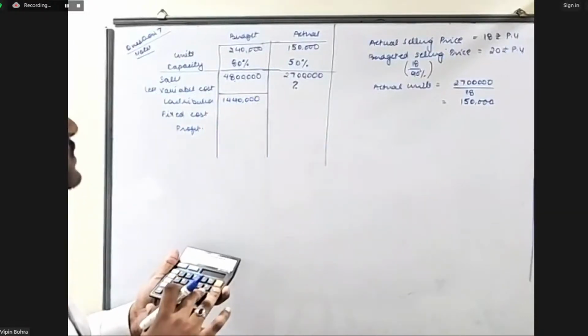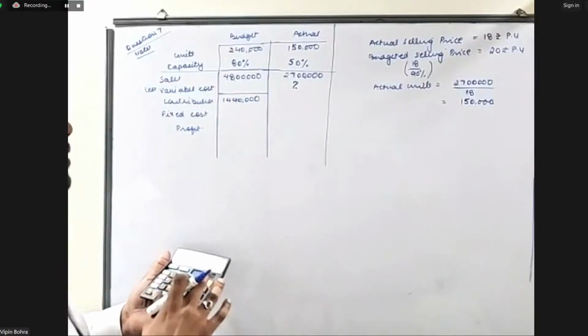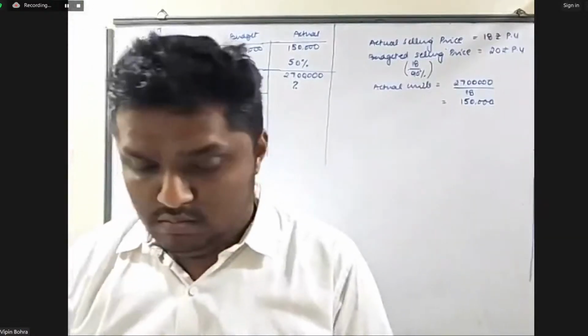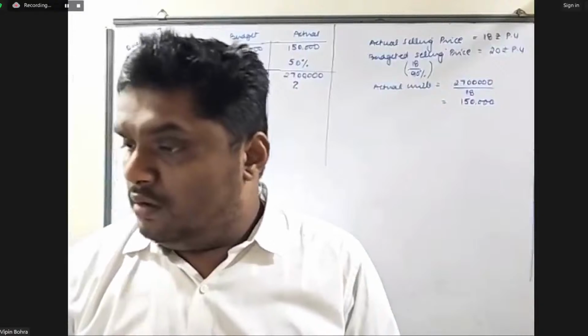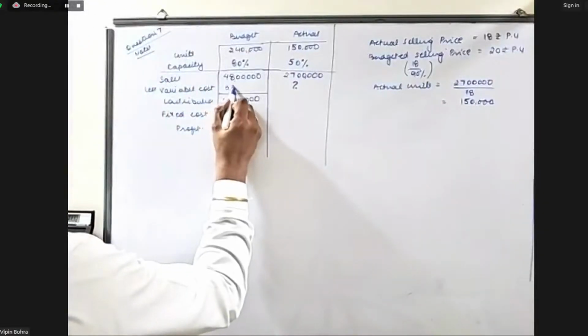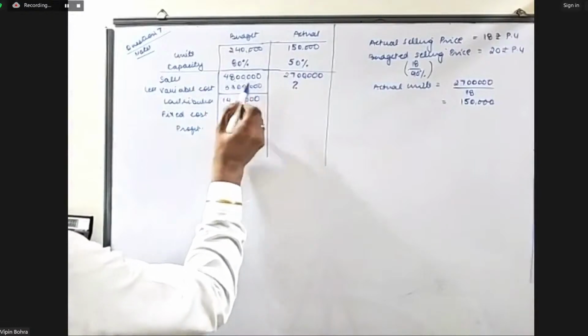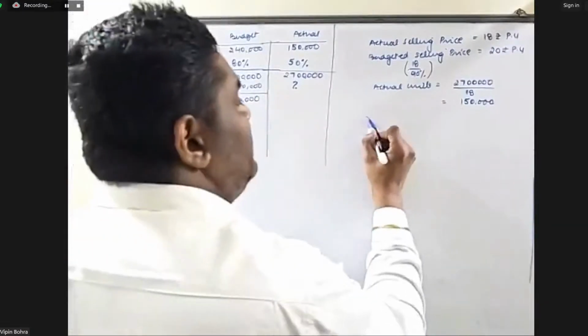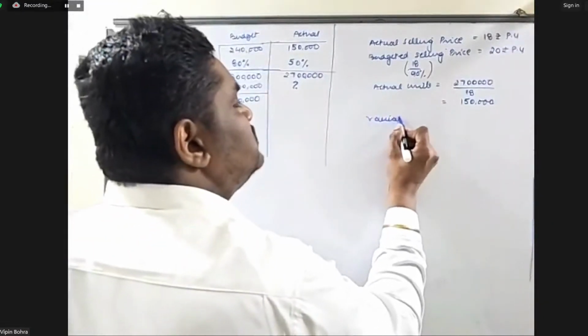Therefore, my variable cost will be how much? 70%, that is 33,60,000. So my variable cost per unit will be how much?